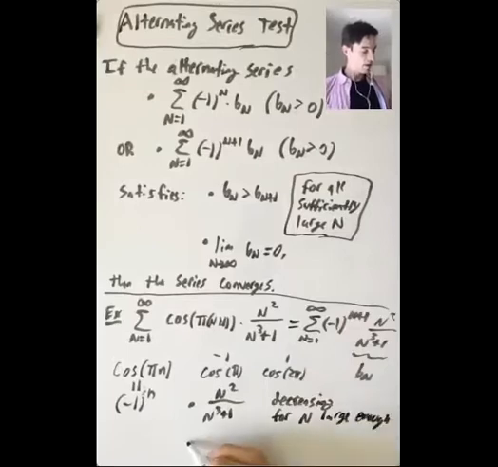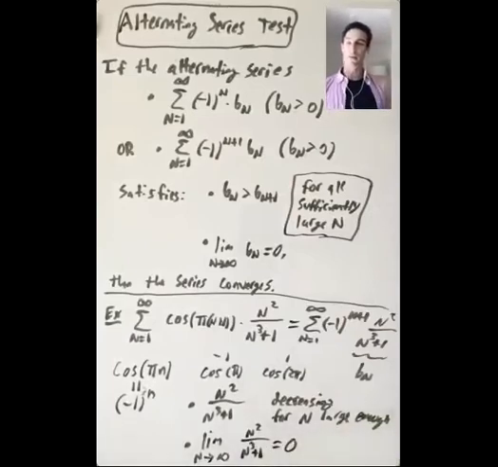And then we have to show that the limit as n goes to infinity of n squared over n cubed plus 1 equals 0. And you can already see why this is true, but I'm going to pause and erase, and I'll do the details of checking these two properties here.